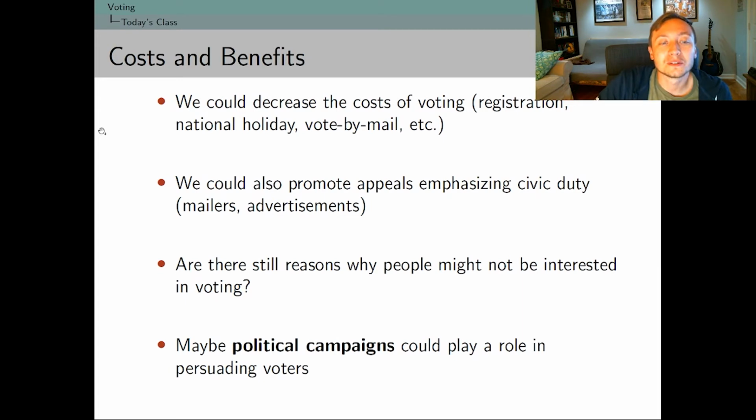This idea that a few different ways that we could decrease these costs could be to make registration easier. For example, Congress in the 90s passed the motor voter law, which essentially allowed DMVs, or the Motor Vehicles Administration in each state, to sort of automatically register people to vote when they get a driver's license, or to at least ask them. We could make voting a national holiday.